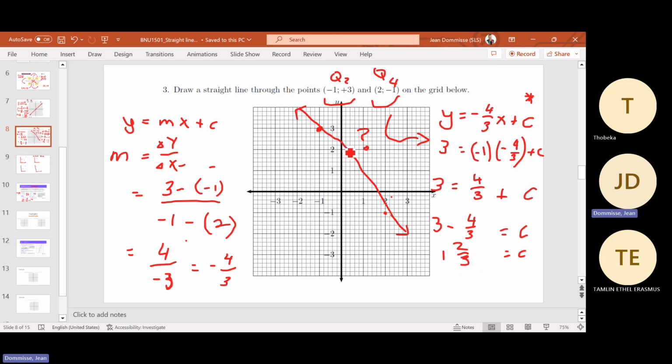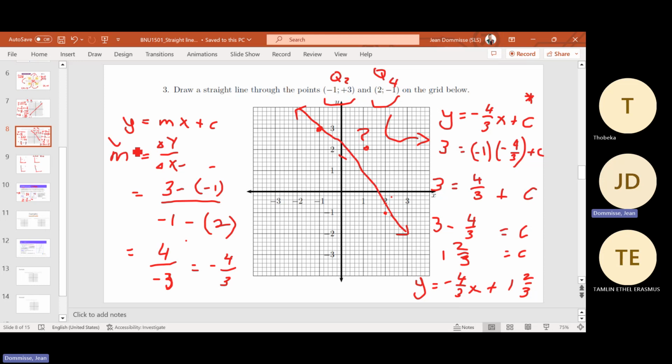Okay, so that's what I probably would have gone through there instead of up there. But again, this one I would not have been sure about where my cutoff is. So if I rewrite it into the equation, it is -4 over 3x plus 1 2/3.